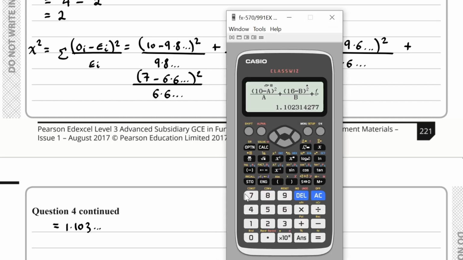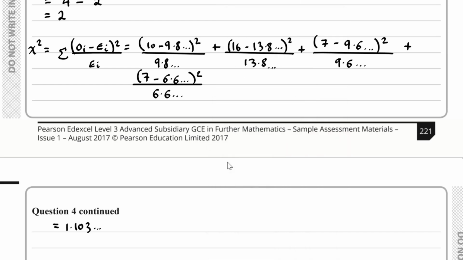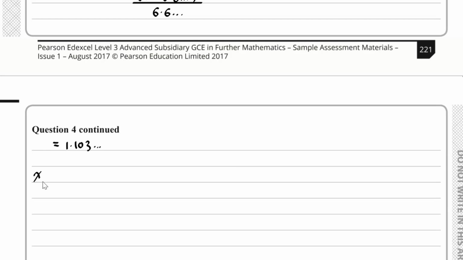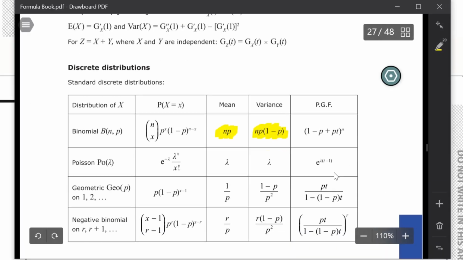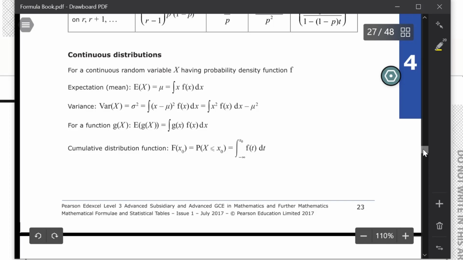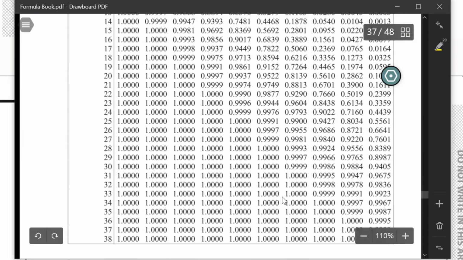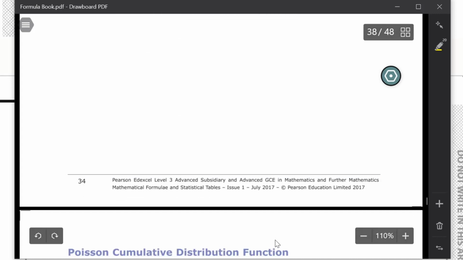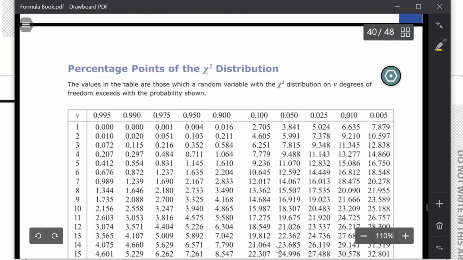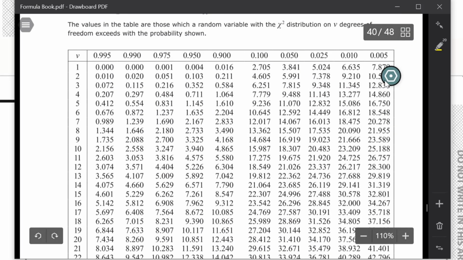So what we can now do is find out our critical value. We have 2 degrees of freedom, and we're looking at the 5% level of significance. So if we go to our formula book, under the chi-squared section, we've got 2 degrees of freedom.